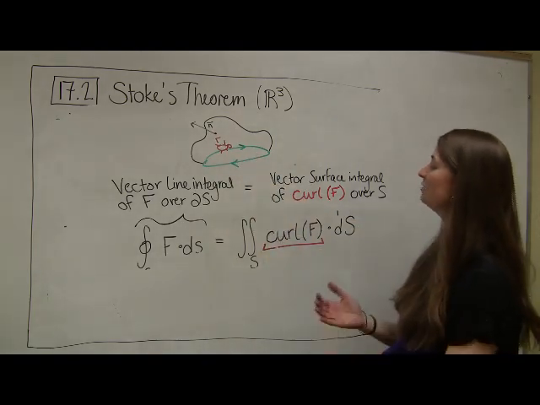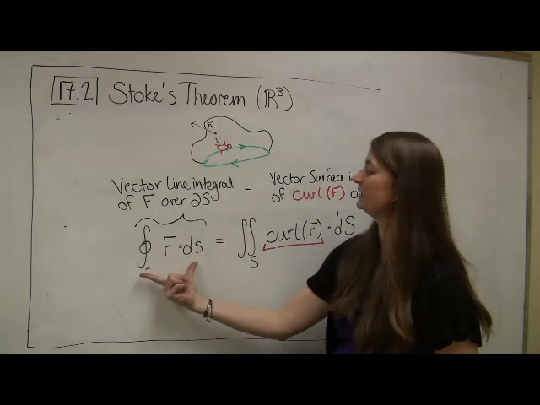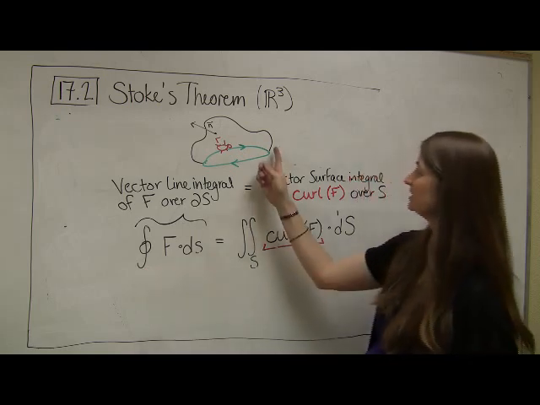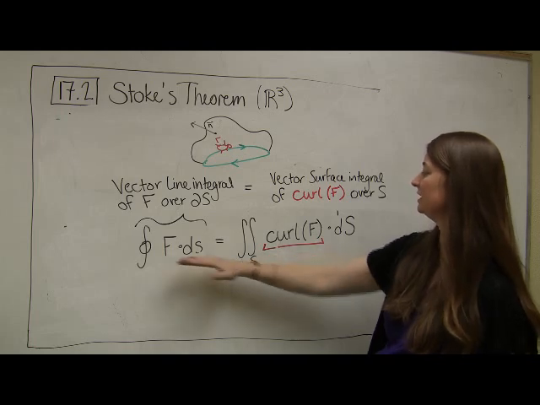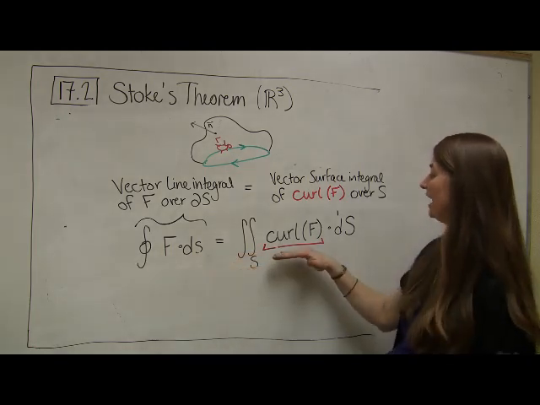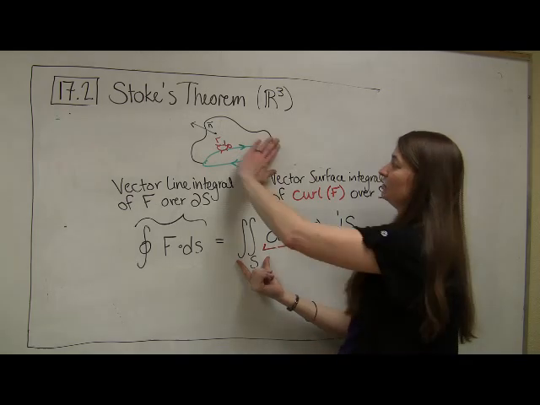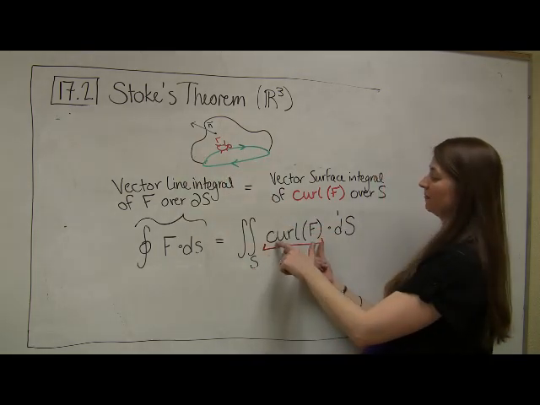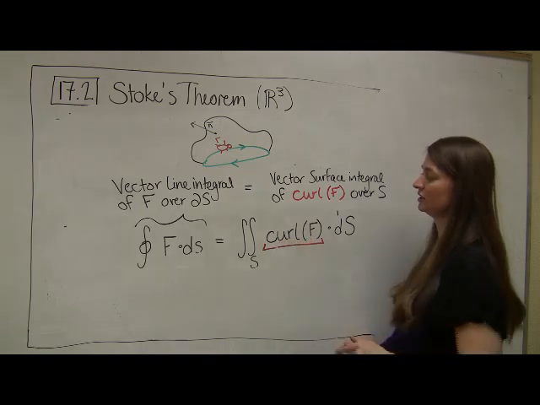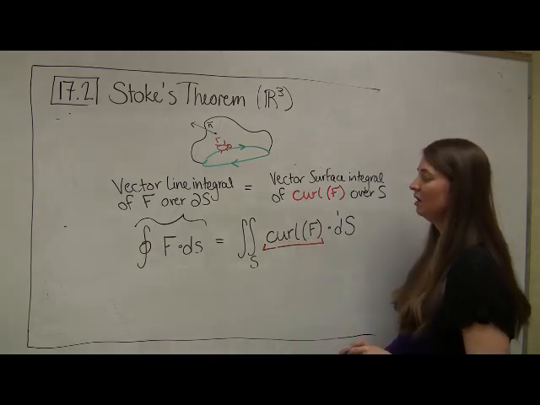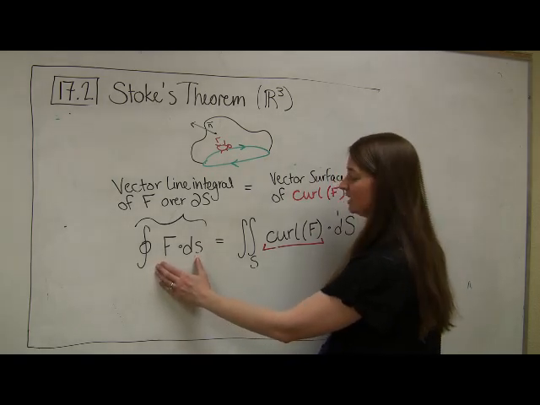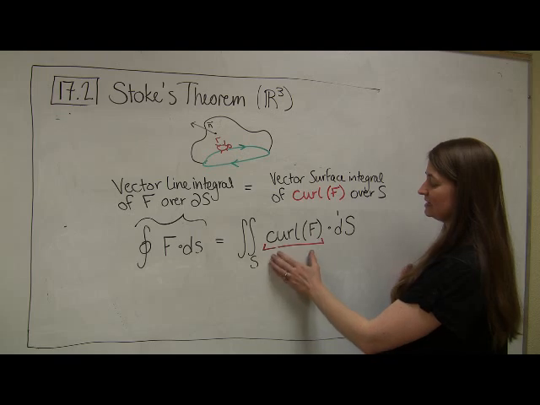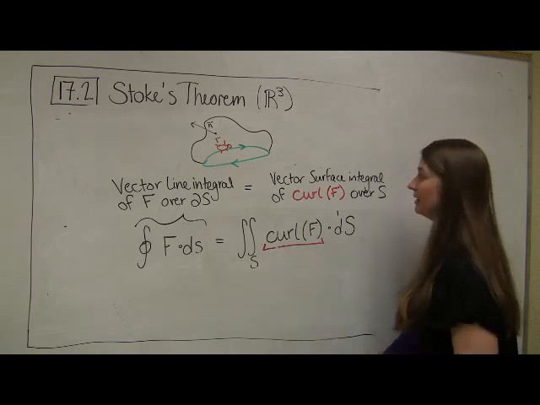Regardless, let's say that this is my surface. It's saying that if I wanted to compute this line integral, and it was some crazy surface, and computing the line integral was difficult, instead I could compute the double integral over the surface, where I'm using the curl of F as my interior function that I'm integrating. But notice that for any surface that has the same boundary, this double integral is going to come out the same.